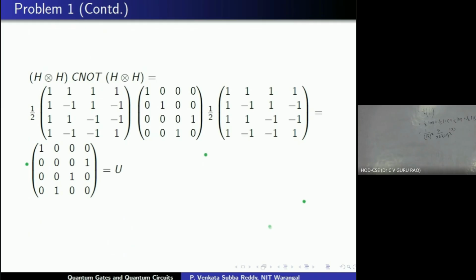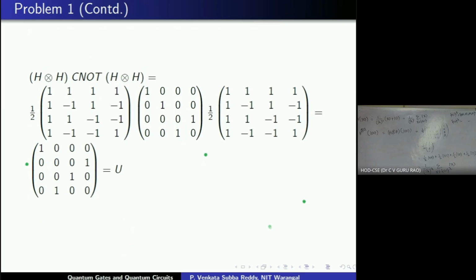Is that okay? That means Hadamard gate, if I apply on ket 0, it puts all possible single qubit states in equal superposition or not? What is the probability of getting 0? What is the probability of getting 1? 1 by 2.